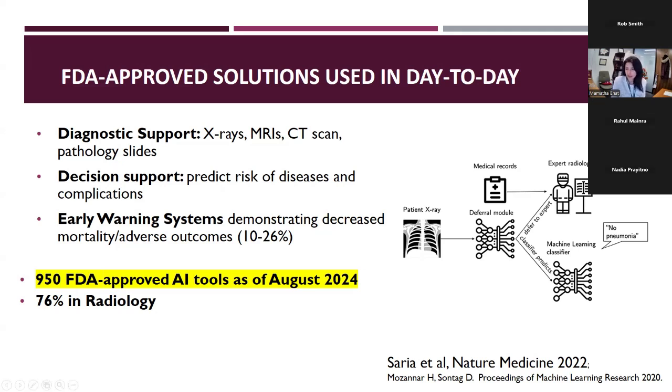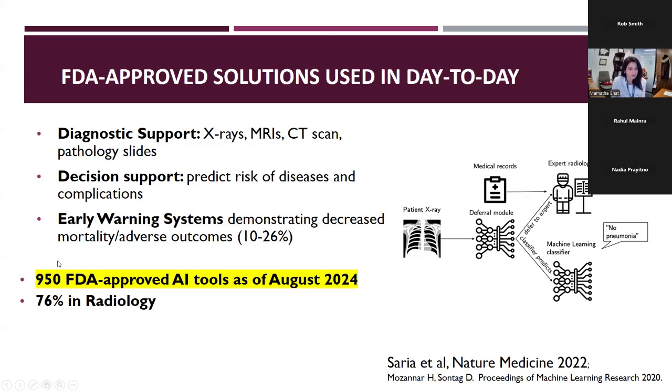For example, you should take a look at this paper published a few years ago in Nature Medicine by Suchi Saria. Her group performed a multi-center study demonstrating that an early warning system to predict sepsis demonstrated decreased mortality and adverse outcomes. So it was a very important study performed a few years ago.